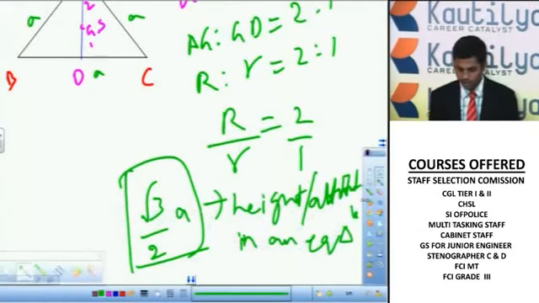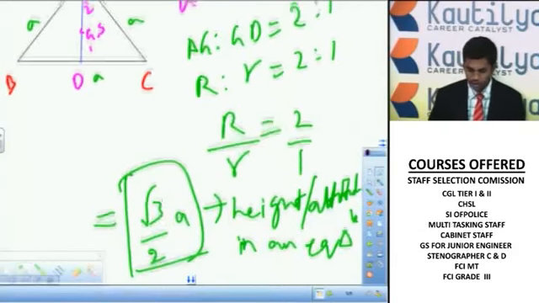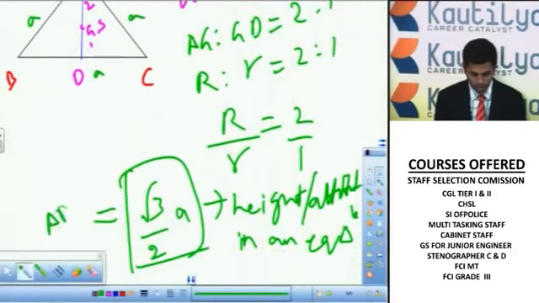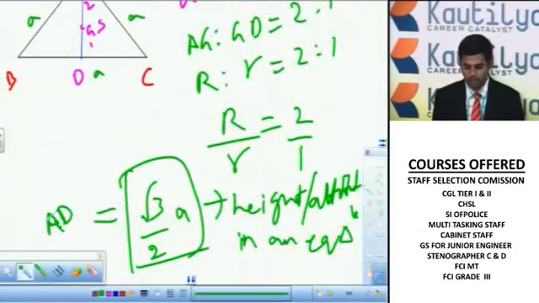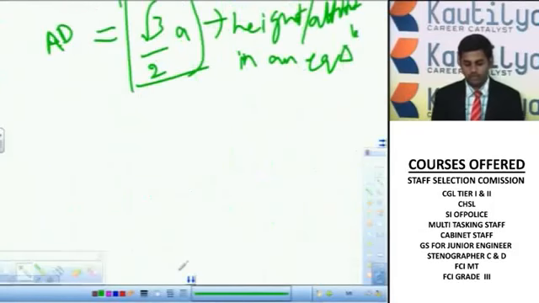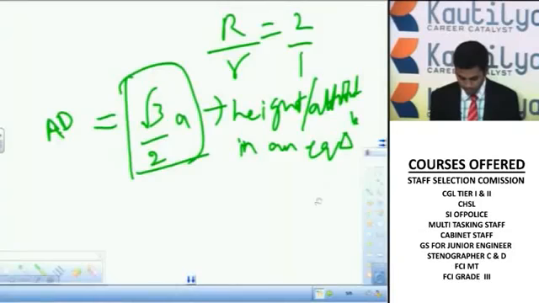In an equilateral triangle, the height or altitude is represented by root 3/2 a. Here the median is the altitude, and it is also the perpendicular bisector. So the length AD is nothing but root 3/2 a.